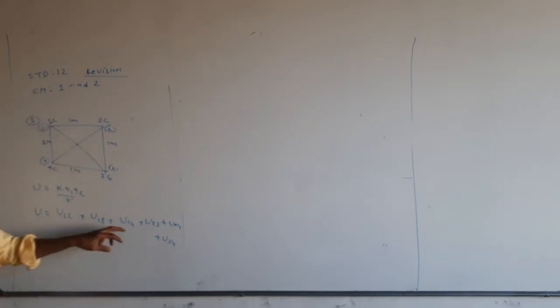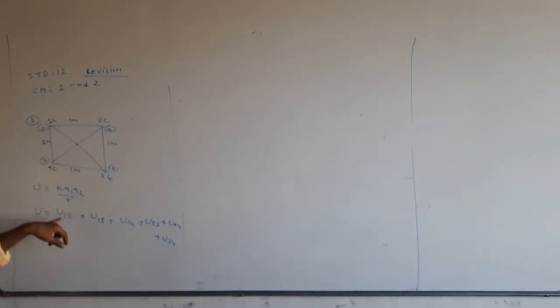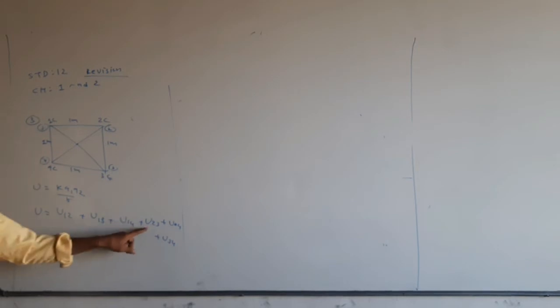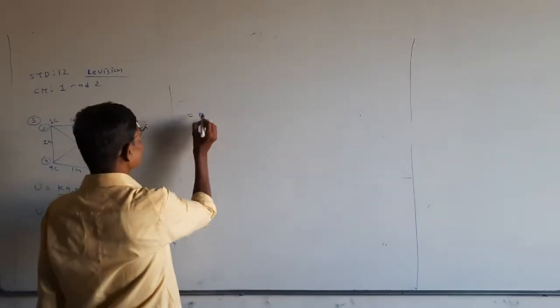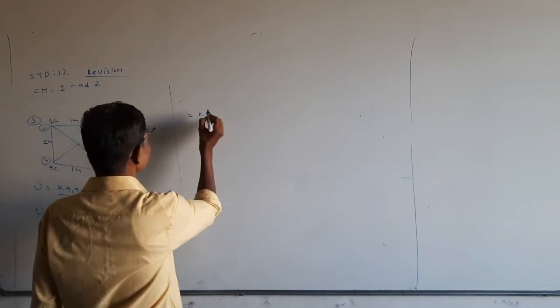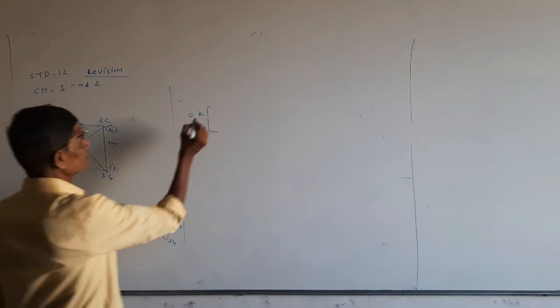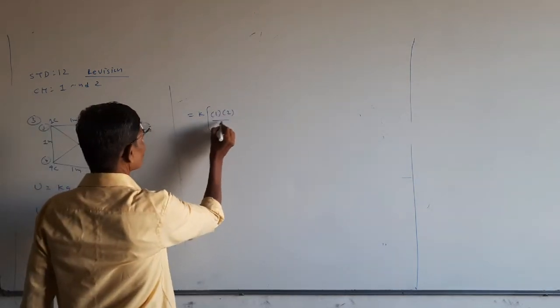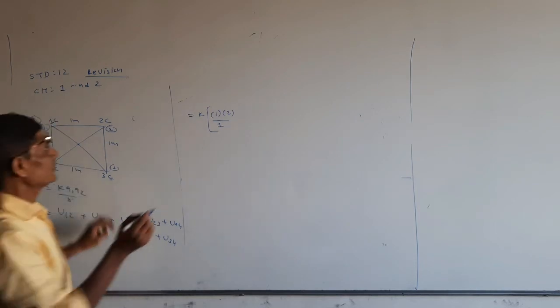Now we substitute, K is common. For 1, 2, the charges are 1 coulomb and 2 coulomb, distance is 1 meter. Then for 1, 3 the charges are 1 coulomb and 3 coulomb.